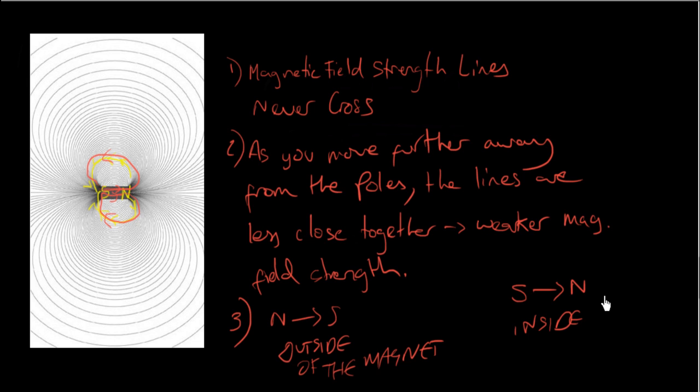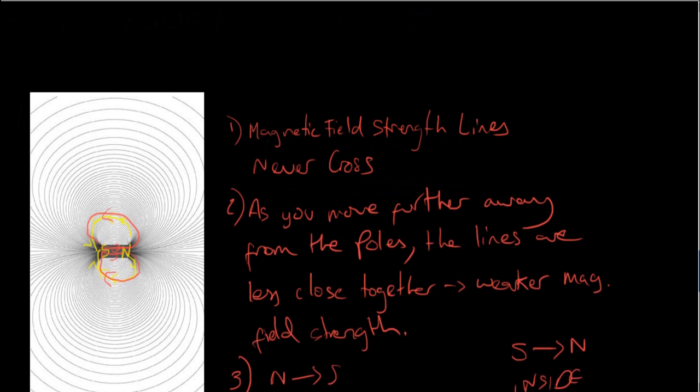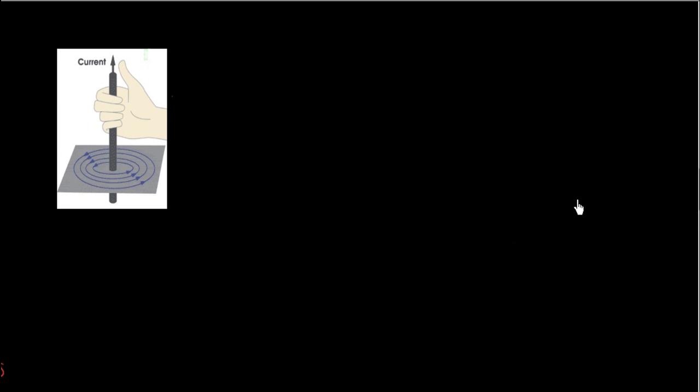And one last thing that I wanted to mention, I talked before about the right-hand rule for the magnetic field around the flowing current, and I wanted to show you a bit of a better picture. And here it is. So the current is going upwards in the diagram, and you put your right hand around it, and you put your thumb in the direction of the current, and your fingers point in the direction of the magnetic field lines.